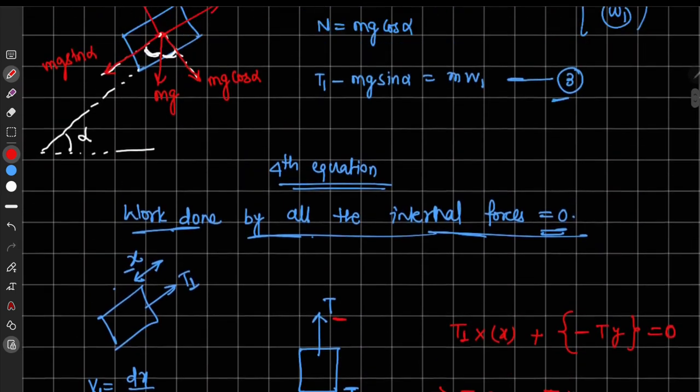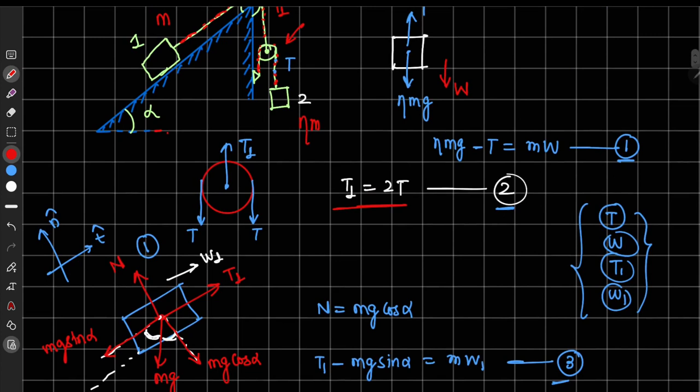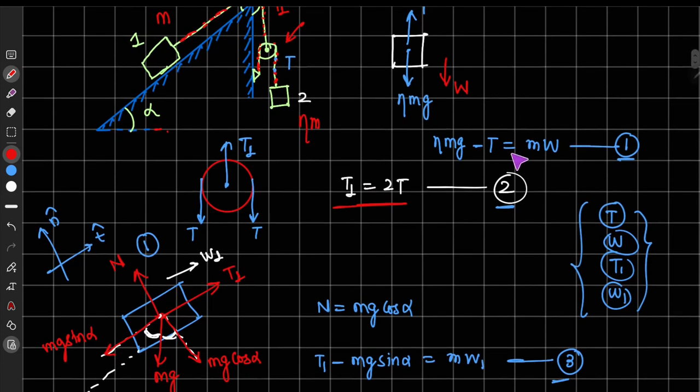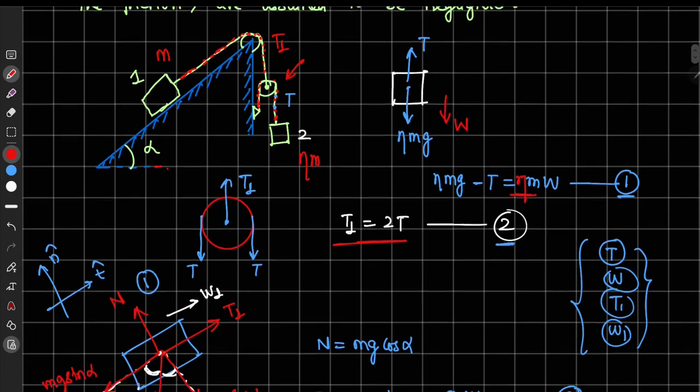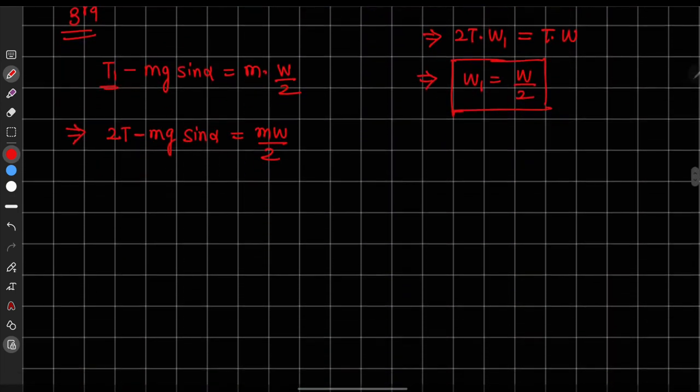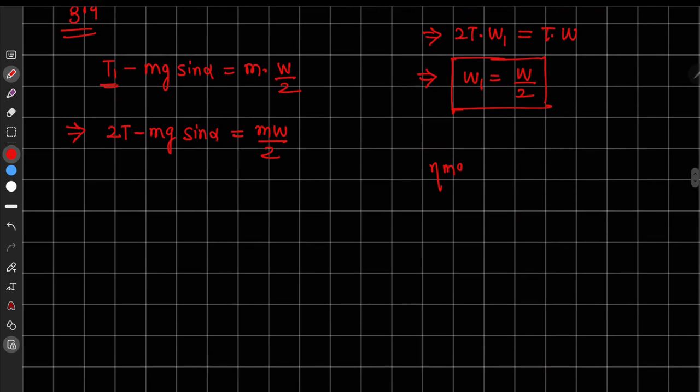Now let us consider the first equation, that is eta times mg minus T is equal to, this is eta times mw because the mass of this particular body is eta times m. So we can write it here, eta times mg minus T is equal to eta times m into w.